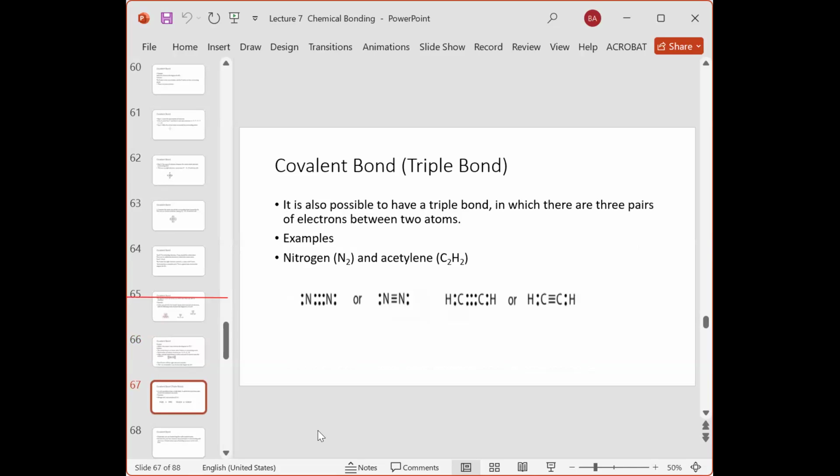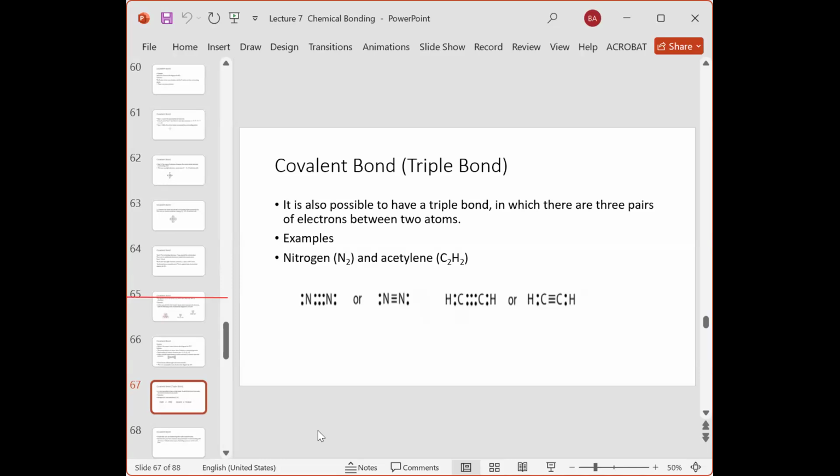It is also possible to have a triple bond, in which there are 3 pairs of electrons between 2 atoms. For example, nitrogen, N2, and acetylene, C2H2. For the nitrogen, look at it: 1, 2, 3, 4, 5, 6.